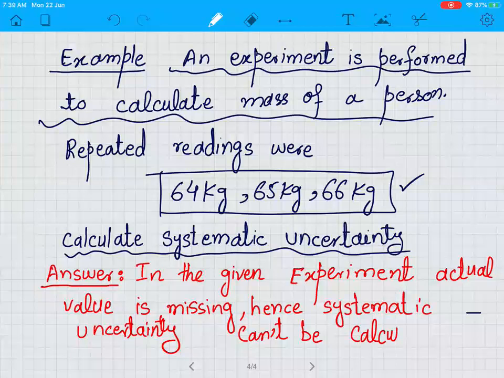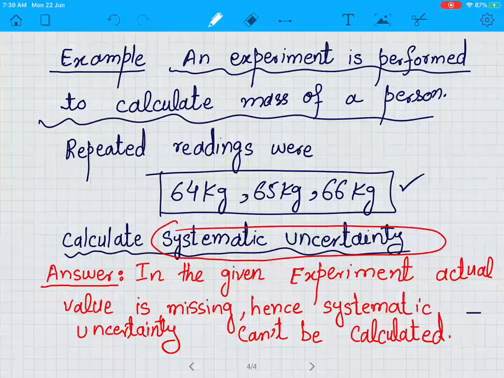So one thing should be clear. To calculate the systematic uncertainty, you need the actual value. Here, the actual value is missing, so you cannot calculate the systematic uncertainty.